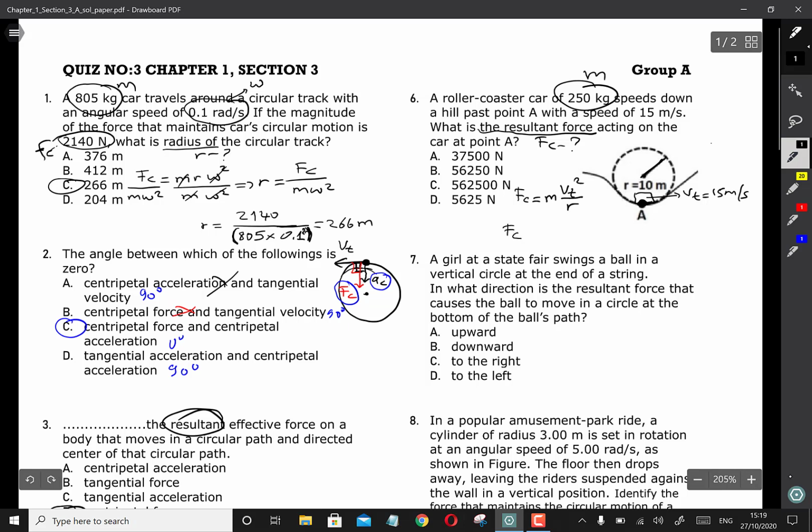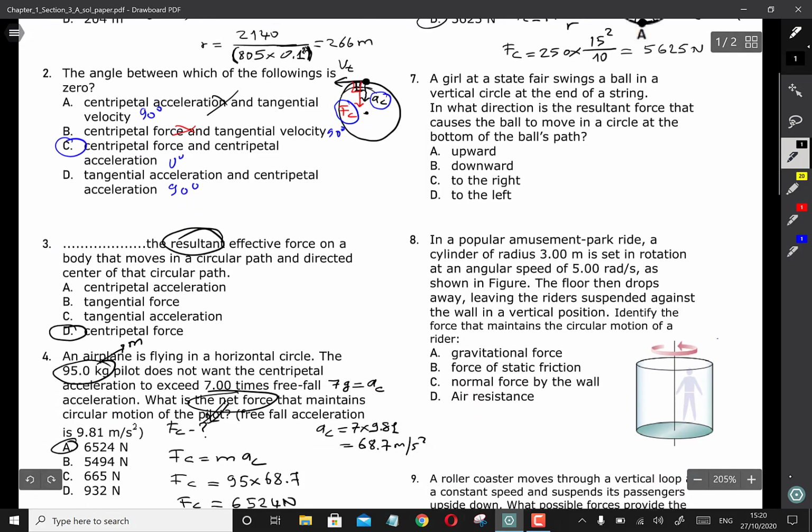So m is 250, Vt is 15, squared, divided by r, 10. Let's use the calculator. 250 multiplied by 15 squared divided by 10 is equal to 5,625 newtons. This is the centripetal force, also the resultant force acting on the car at point A.